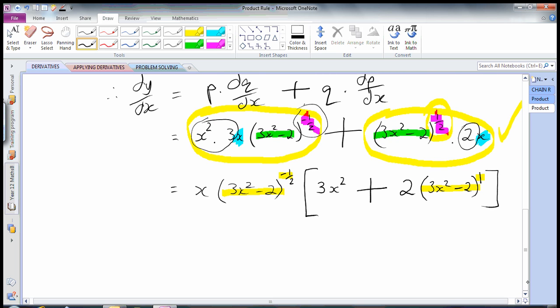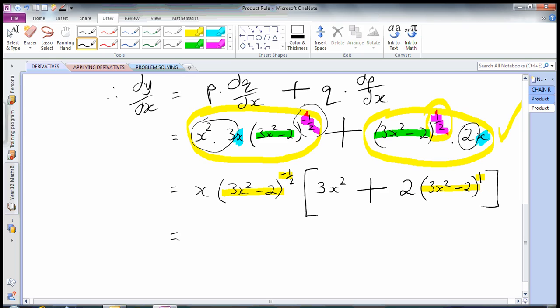Now the stuff that I have outside the big square bracket is essentially okay now. I'm going to keep it pretty static, that is I'm not going to change it too much, except I am going to take that 3x squared minus 2 down to the bottom line because it's a negative power, and it is a power of 1/2, so I'm going to make it under a square root sign just to tidy that up.